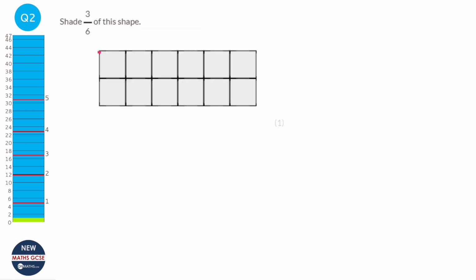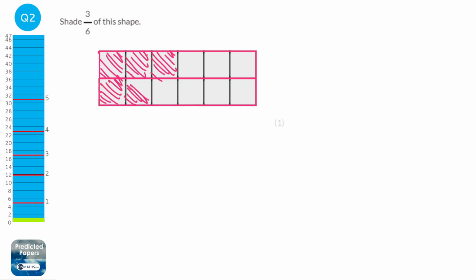If I split this shape into 2 sets of 6 blocks, when we're asked to shade in 3/6, for each set of blocks I'm going to shade in 3 of the 6. So that's 3 for the first set, and 3 for the second set.